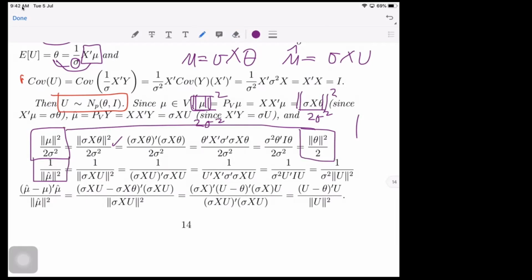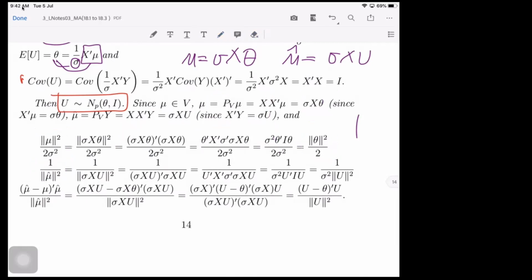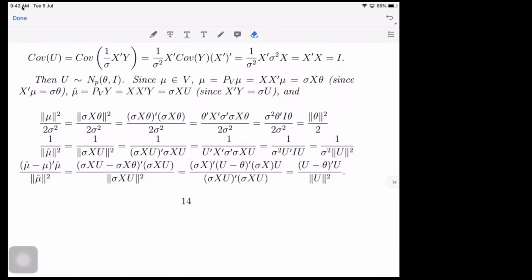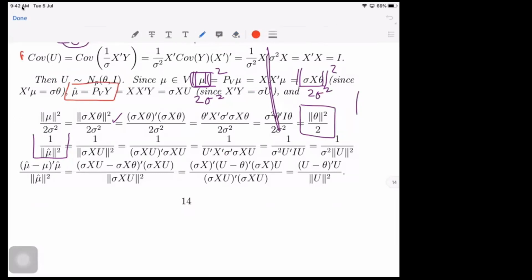Similarly, 1 over mu hat square. Mu hat is this, which is equal to this. So get the reciprocal of that, get the square norm, simplify.